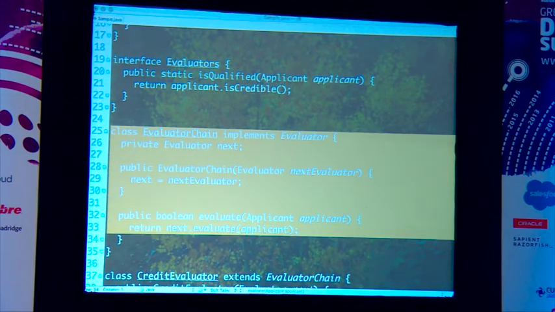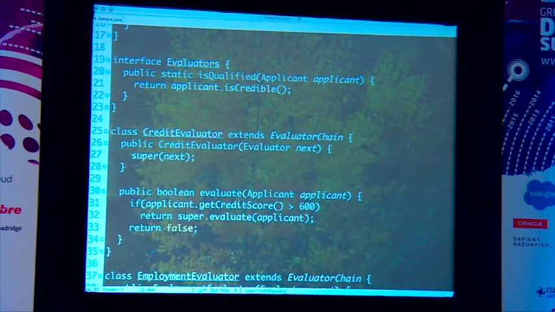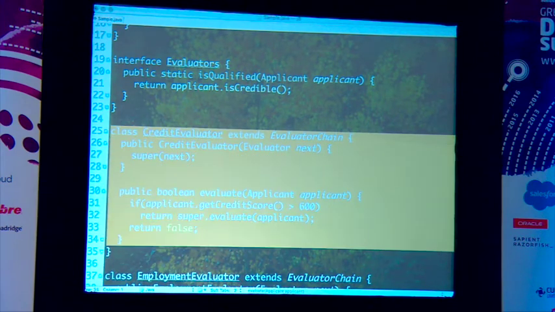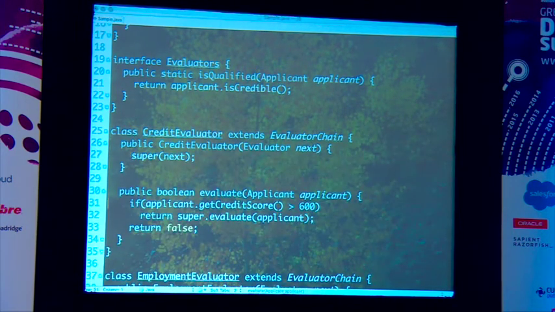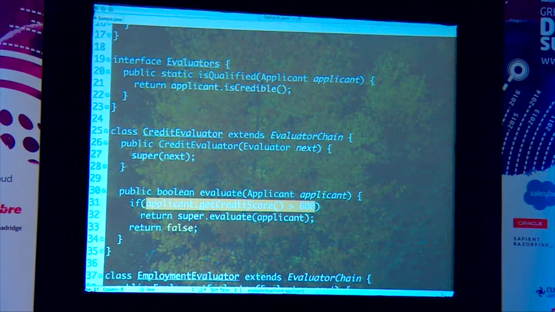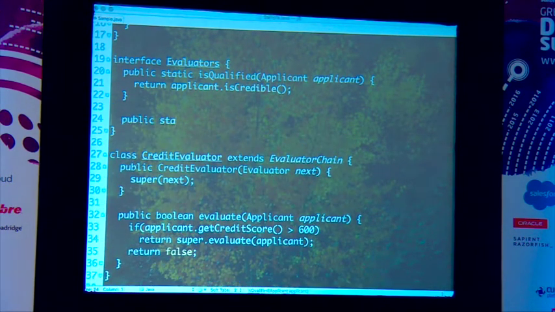The chain is gone. I don't need it. The credit evaluator says, I'm going to check for credit score being greater than 600. So I'm going to say public static. In this case, this is going to be static. And what is this called? Credit, right?